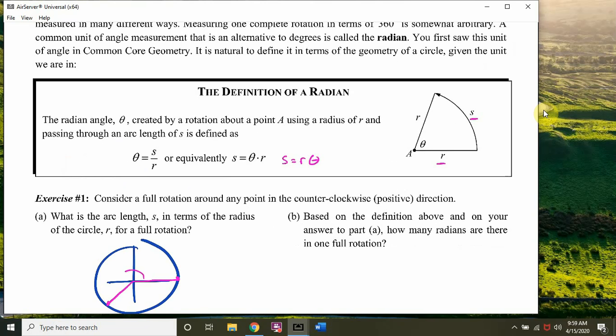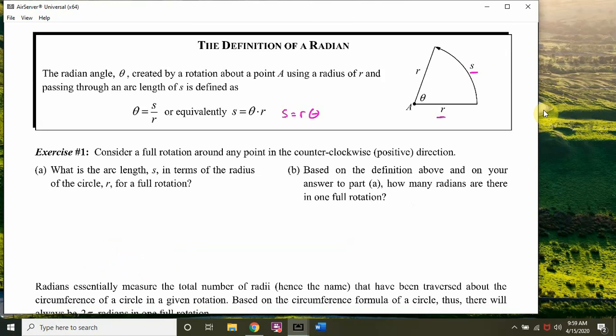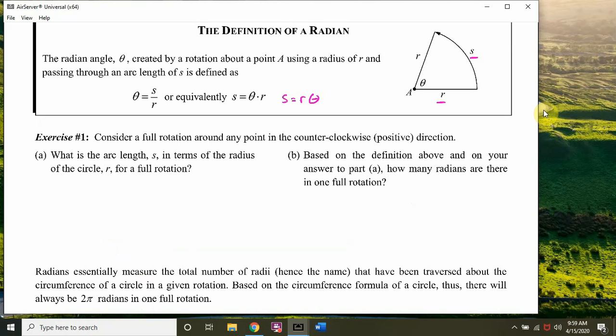Okay, so I have this big angle here. That's theta. Whatever the length of this is, r. Here's my big ol' arc length this time. Whatever this angle is just going to be whatever S is divided by r, and we call that a radian measure.